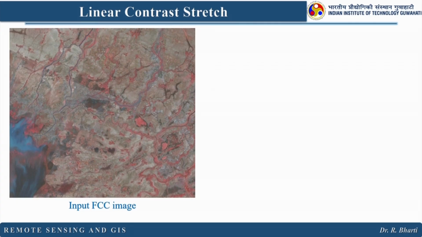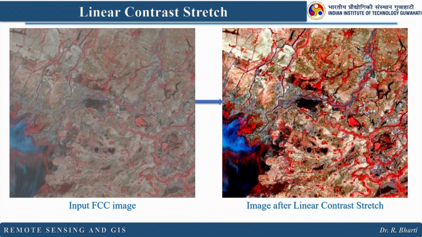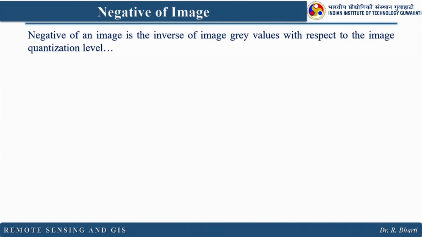This is another example where you have input FCC image and this is the output linearly contrast stretched image, right. So, you can easily see the difference. Now, negative of image. So, all these are different methods of how we play with these digital numbers.